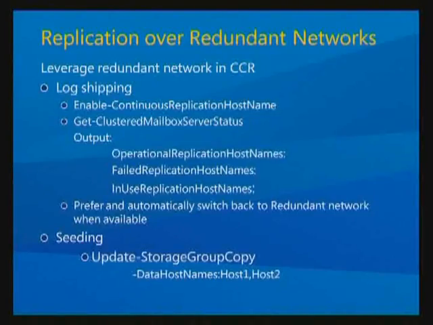So what you have here is you would run Enable-ContinuousReplicationHostName, which is a new command, and you would run Get-ClusteredMailboxServerStatus to see which ones are now operational. The output of that will show you which ones have been configured, which ones have failed, and which ones are being used.